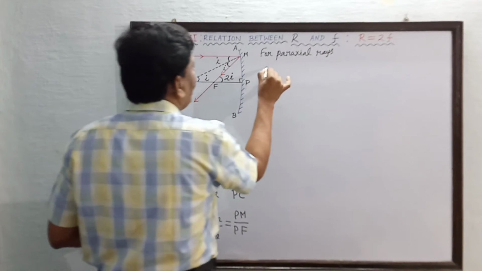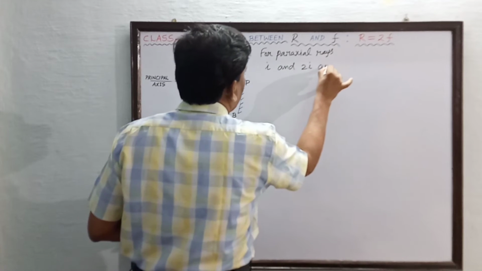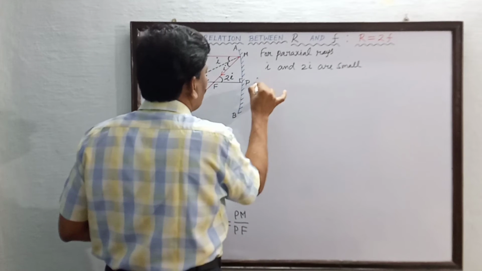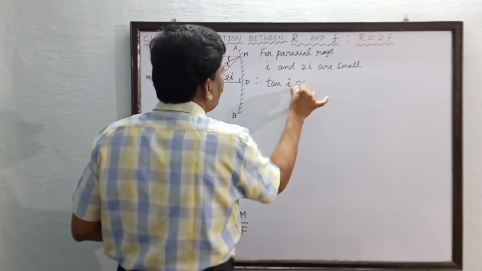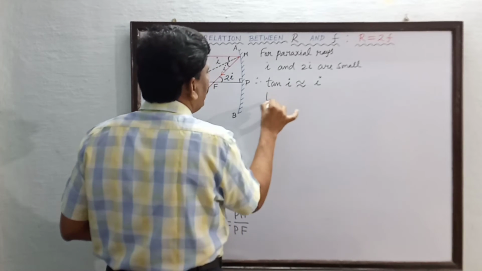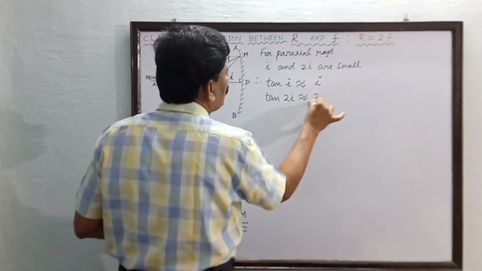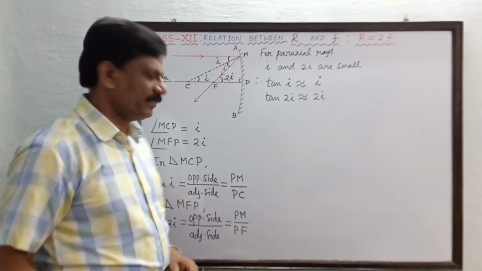The angles I and 2I are very small angles. Therefore, tangent of the angle of incidence is nearly equal to I, and tangent of the angle 2I is nearly equal to 2I.